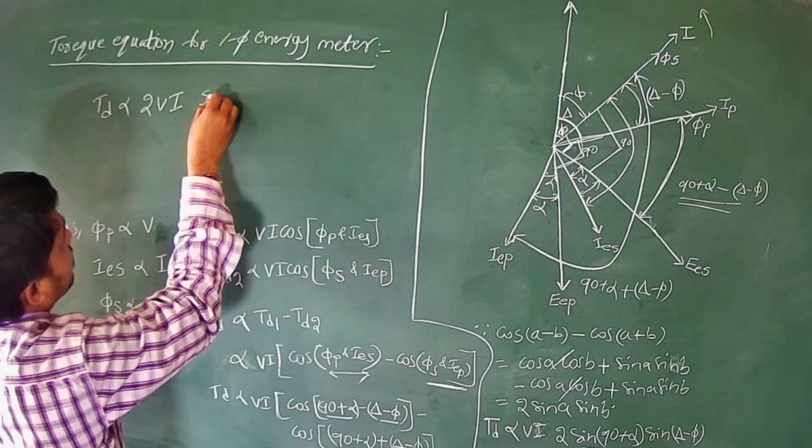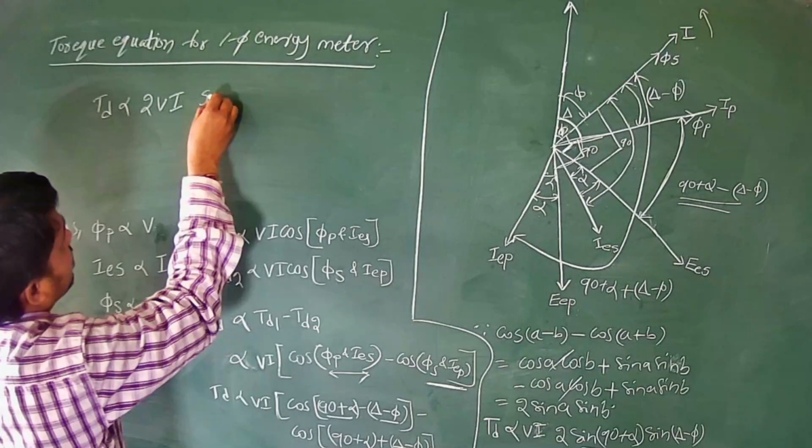Therefore TD is proportional to VI sin delta minus phi, because cos alpha and 2 are constants. So this is the torque expression.